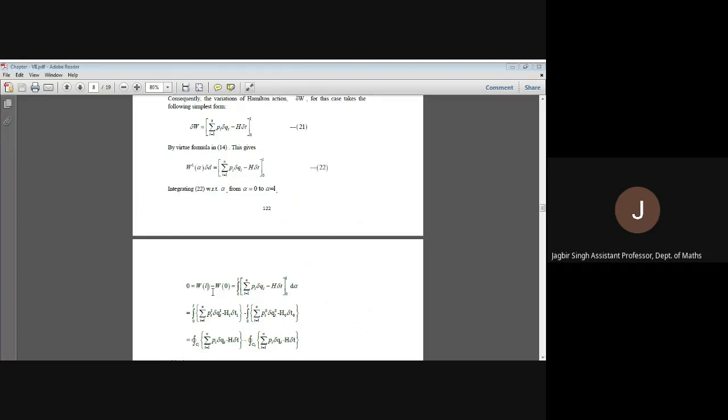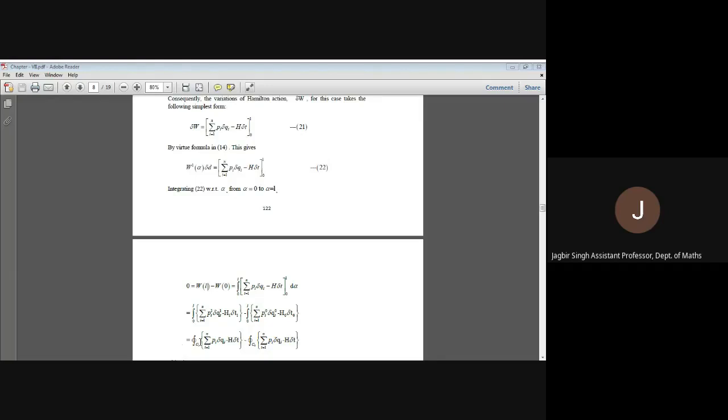And now again writing the term on right hand side like integration 0 to 1 summation i from 1 to n p_i1 delta q_i1 minus H1 delta t1, minus integration 0 to L summation i from 1 to n p_i naught delta q_i naught minus H naught delta t naught. Now the first term is integration for alpha from 0 to 1, means over the curve when time is t1, means on the final curve, that is C1.